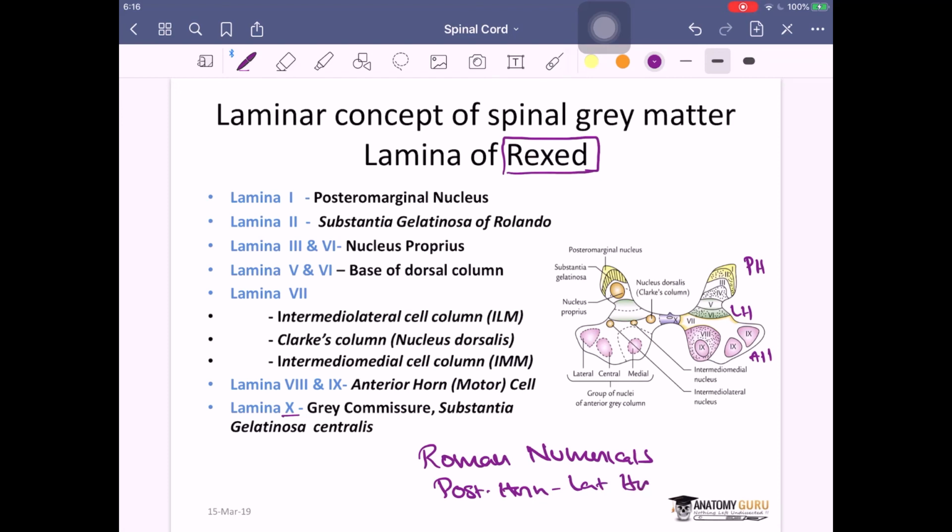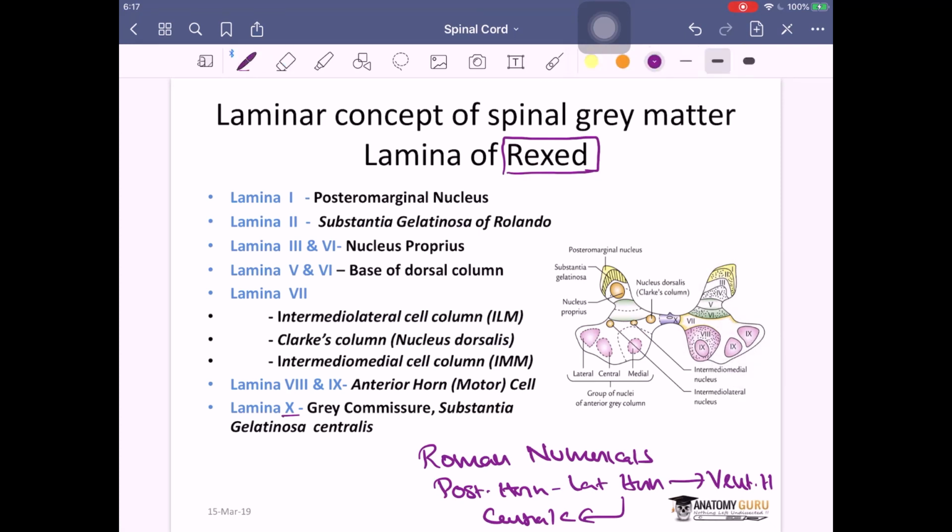They start from the posterior horn, then go to the lateral horn, then the ventral horn, and finally end in the central canal. That is how the arrangement is, and they are numerical, and even correspond to the columnar arrangement which had been proposed previously.